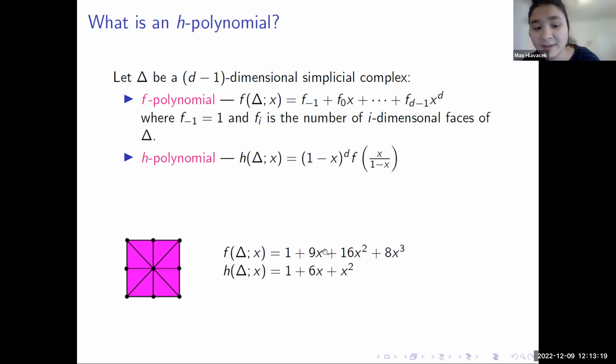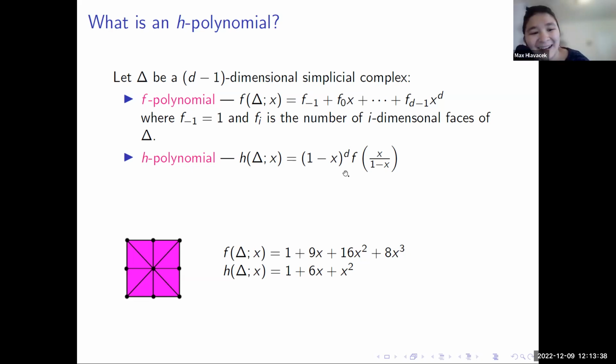Questions like that bring us to the h-polynomial. The h-polynomial encodes exactly the same information as the f-polynomial. What we do is just a basis change to the f-polynomial.